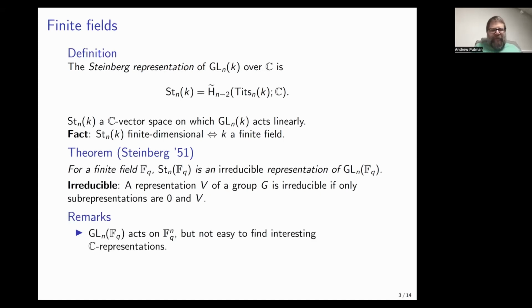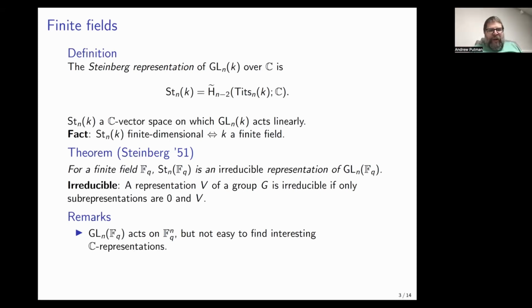Let me make some remarks about this. If you haven't thought about the representation theory of groups like GL_n(F_q), you might think that it's not so hard to come up with interesting representations. Because GL_n(F_q) was born into this world to act on vector spaces, namely to act on F_q^n. It acts on tensor powers of that, and exterior powers and symmetric powers and so on.